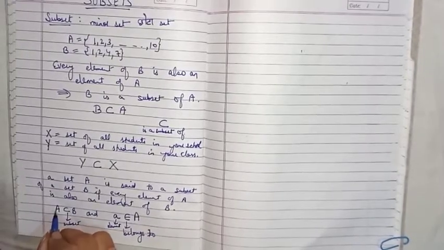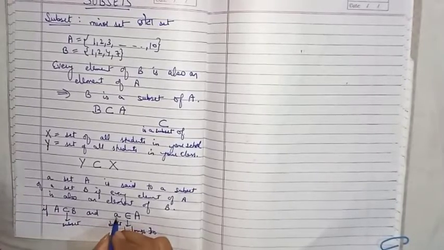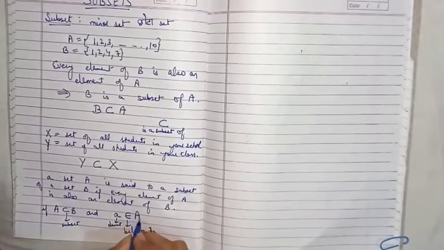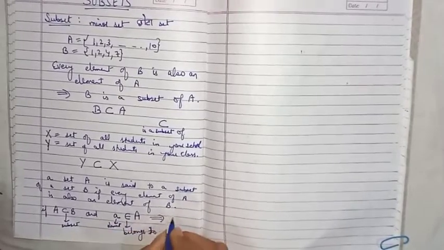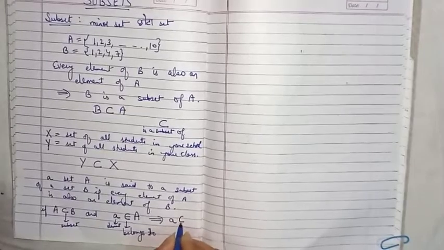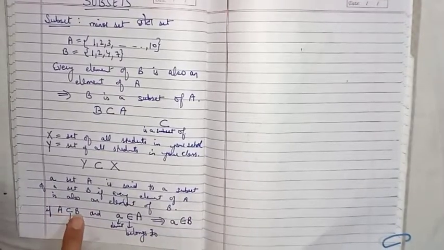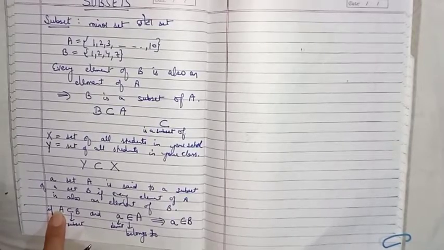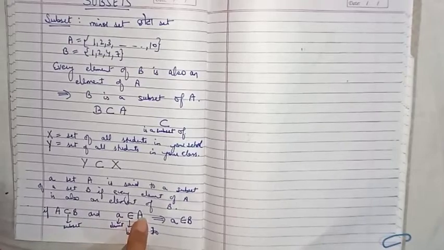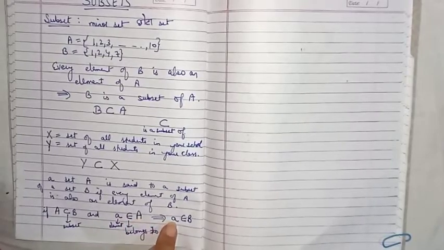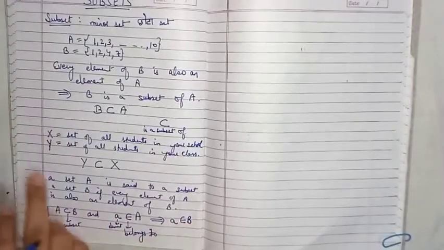Now if A is a subset of B and there is one element a which belongs to capital A, this means that this element must belong to set B as well, because A is a subset of B. That means every element of A is also an element of B. That means if small a is an element of capital A, then small a must be an element of capital B. Clear?